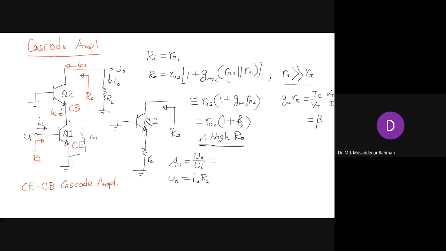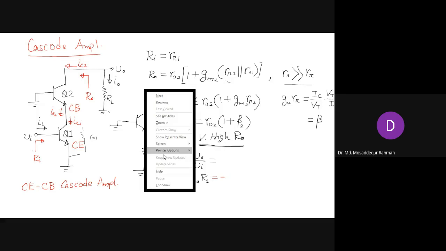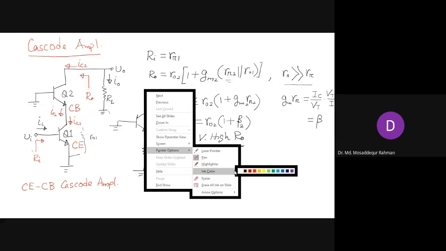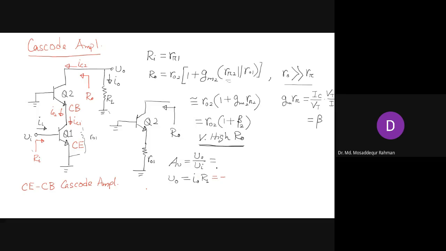And that IE2 will be same as what we have here, IC1. So I naught we can express as minus IC2, so that will be minus IC2 Rn.